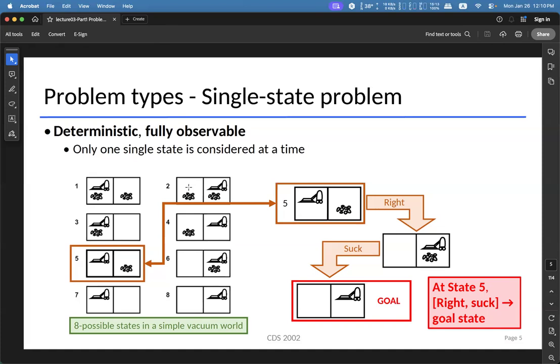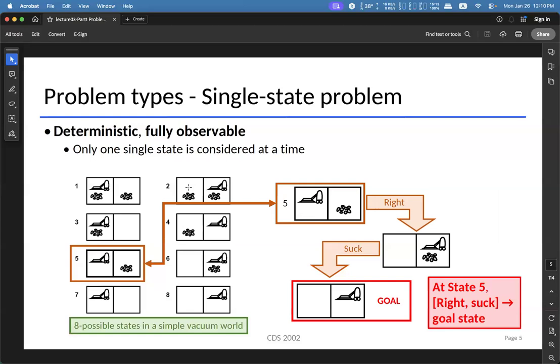When the agent makes an action, the change made on the environment has only one outcome. So whatever action is made by the agent in a deterministic environment will only cause one outcome.